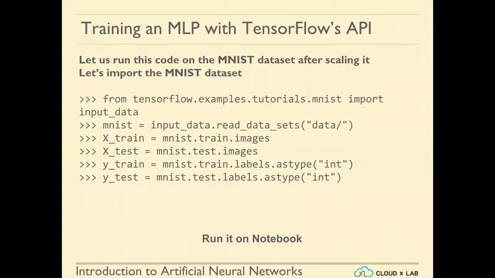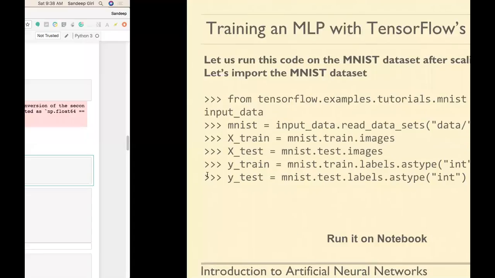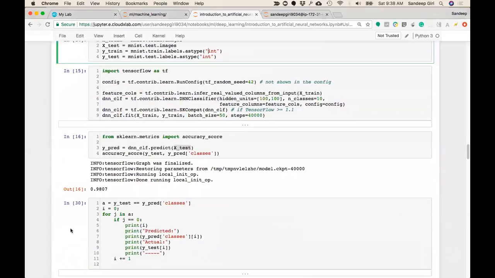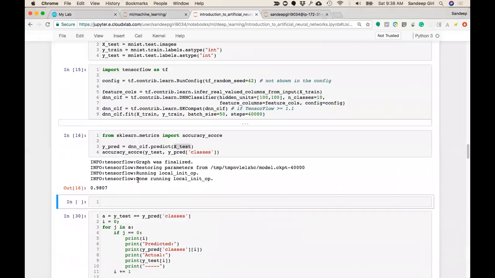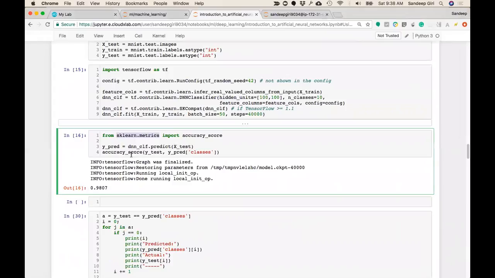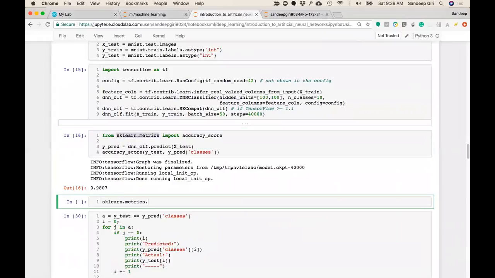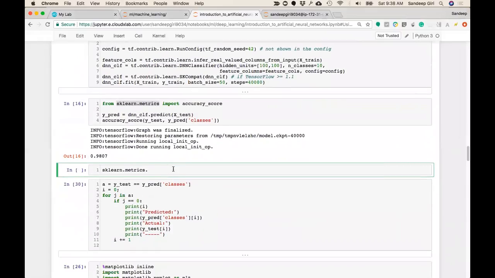There is a question from Pavan. The question is how to get all options and methods after entering the operator. You can always press dot. Let's say I want to find out what the methods are in, say, sklearn metrics.